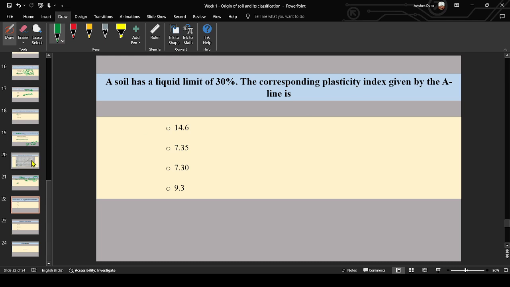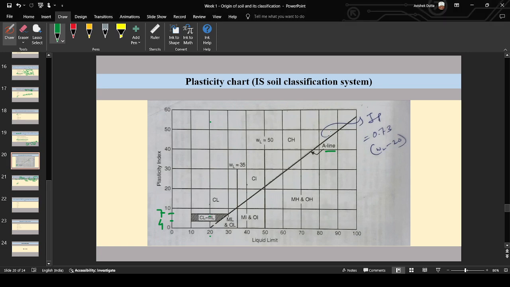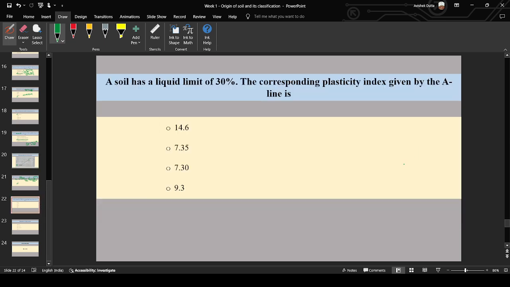Now we have to find out the plasticity index given by the A line. Now we can see in this plasticity chart that we have an A line, and the equation of the A line is plasticity index equal to 0.73 into WL minus 20, where WL is the liquid limit. I'll just write this equation over here.